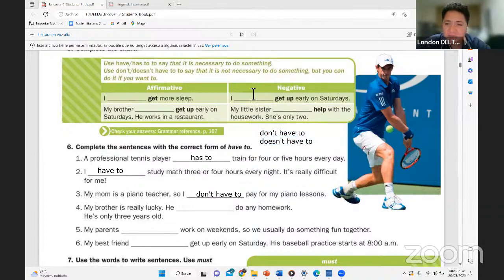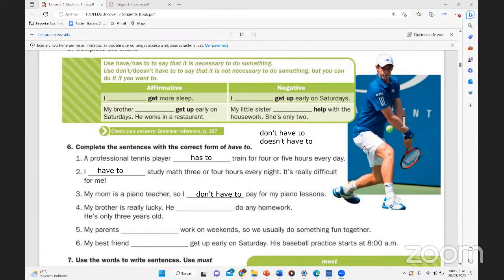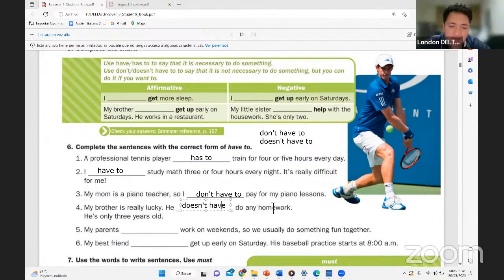Number 4, please help us here, Angie, with number 4. My brother is really lucky. He doesn't have to do any homework? He's only 3 years old. Excellent, perfect. Yes, that makes sense because he's 3 years old.